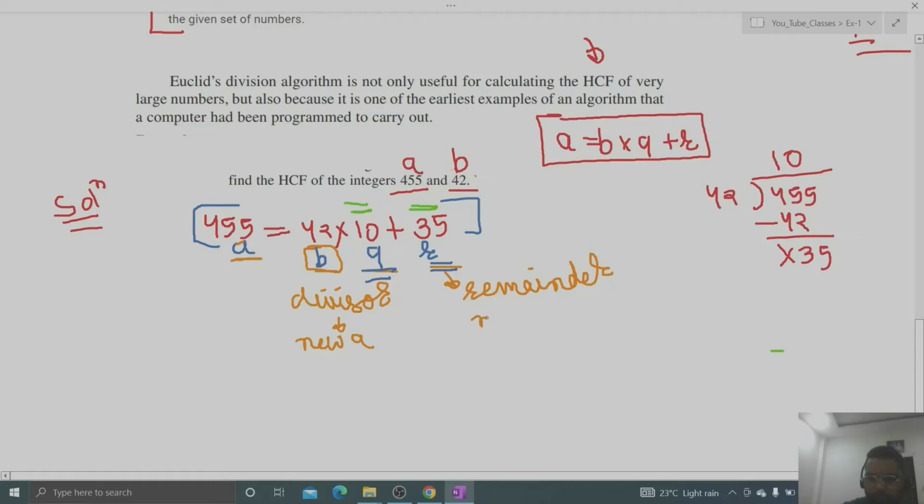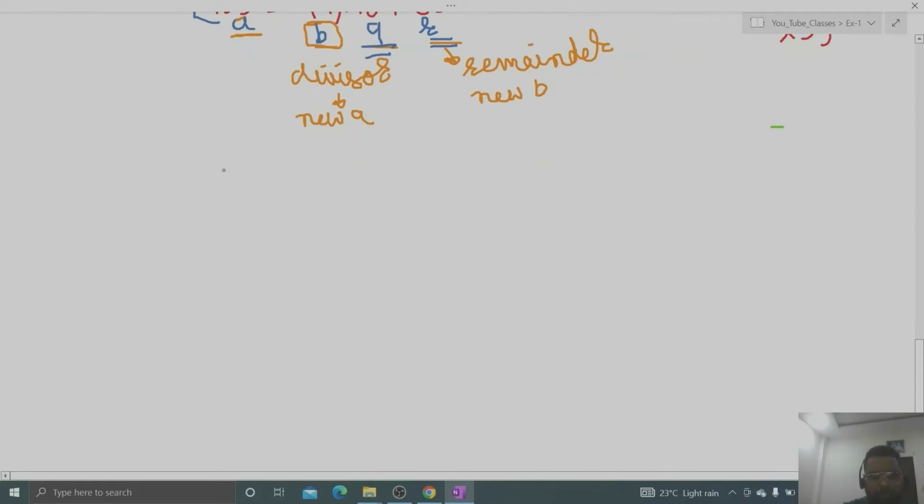So we have to apply this rule on the new a and new b. Suppose this is our divisor 42 and that remainder is our 35. Then we have to apply it on this.